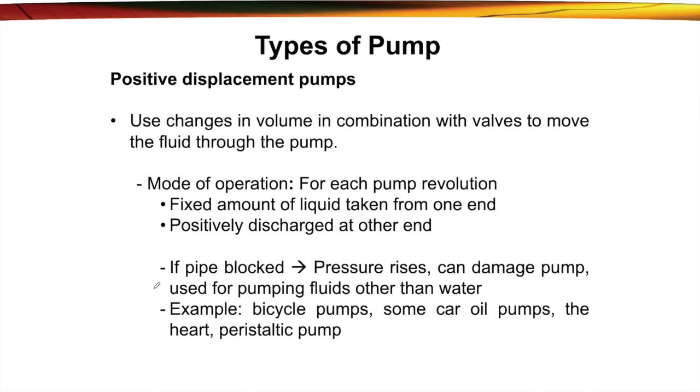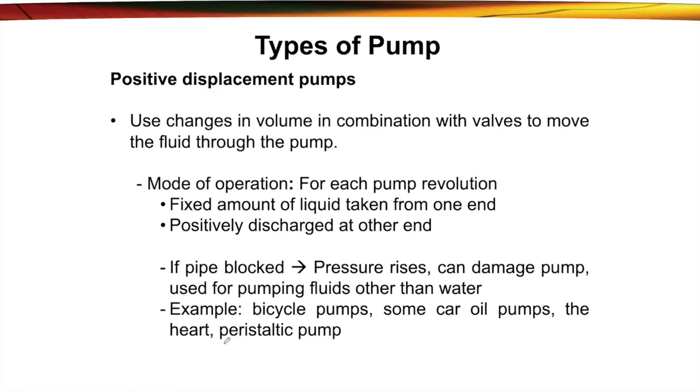So if the pipe is blocked, what will happen? The pressure rises and can damage the pump. Examples are a bicycle pump or some car oil pumps, and the peristaltic pump.